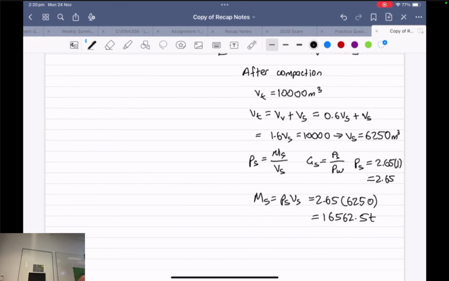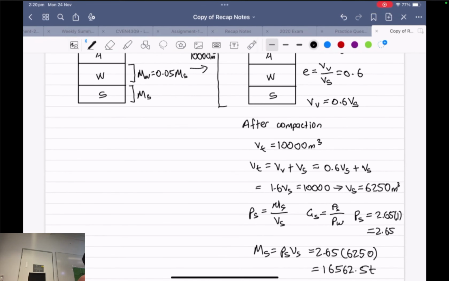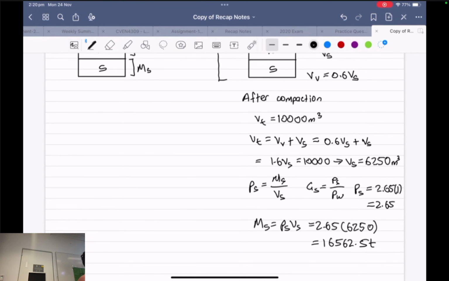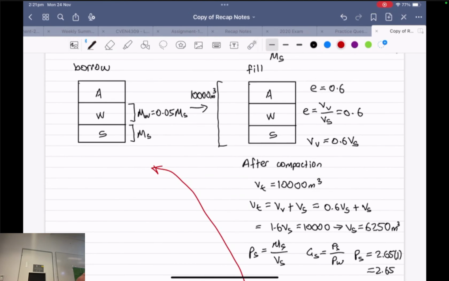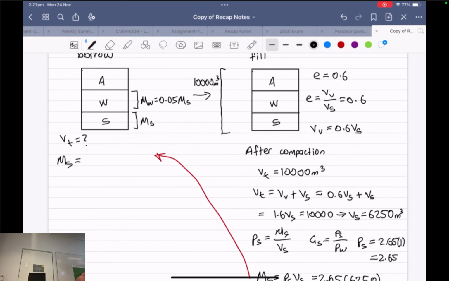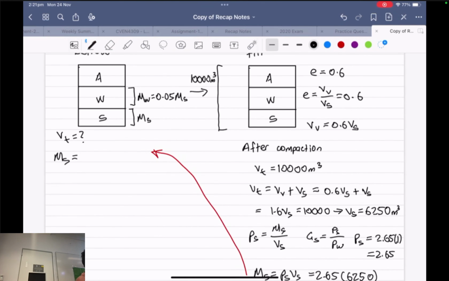And we said mass of solid remains constant from fill to borrow. So now we can go back to the borrow area, which is what we're actually interested in, right? So going back here, we're looking for VT, and we know MS is equal to 16,562.5 tons.